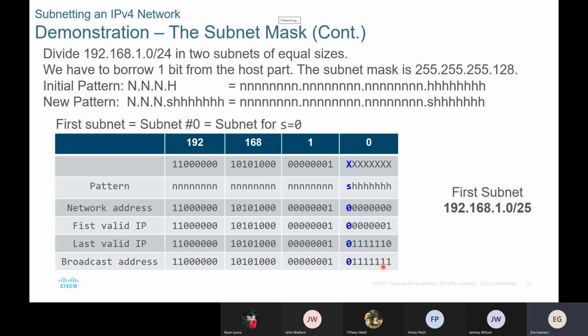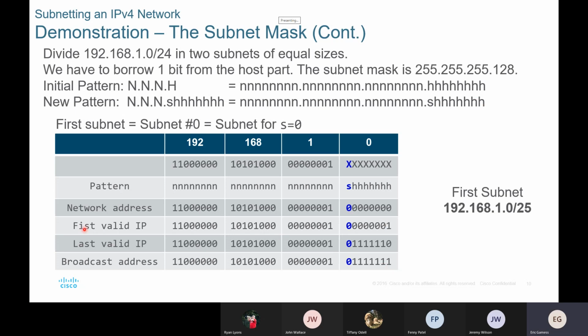Okay, now we need to talk about the usable IP addresses, or the valid IP addresses, or the host IP addresses. How do I get the first usable IP address? We change all the host bits to 0, except the last one.